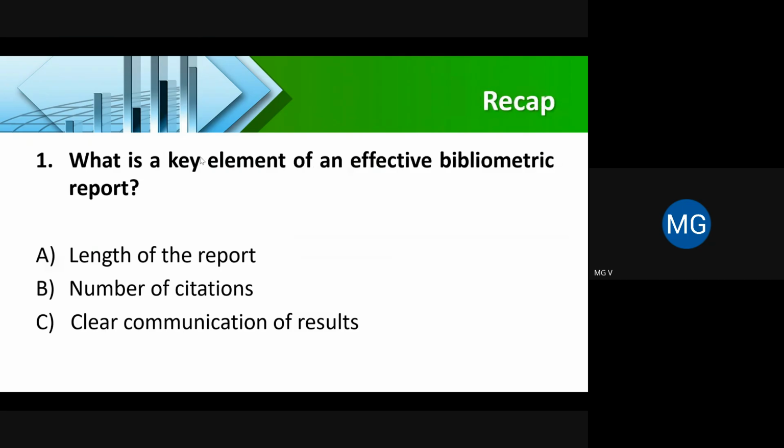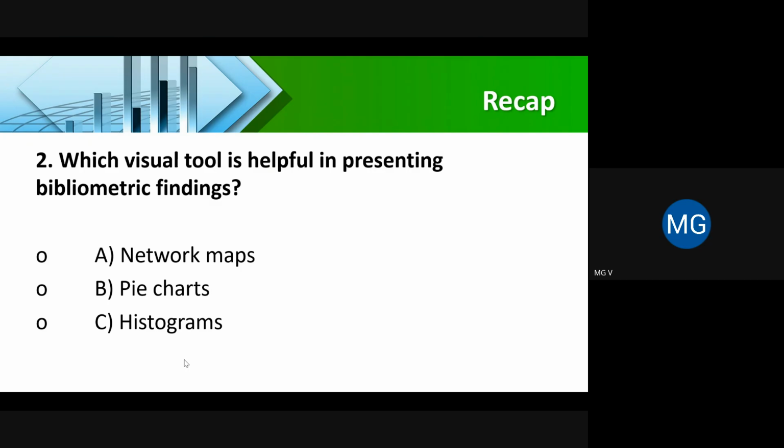What is a key element of an effective bibliometric report? Length of the report, number of citations, or clear communication of results? Key element. Yes, very right. Clear communication of results is very, very important.